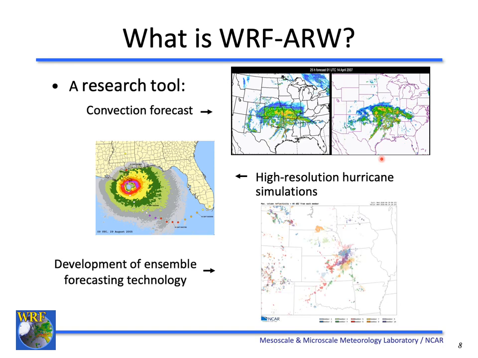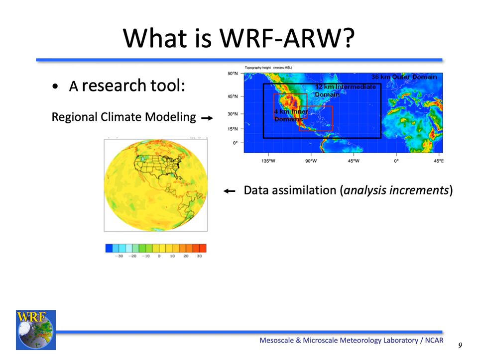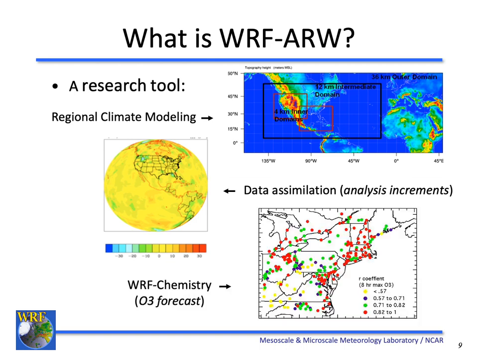The model is also used to develop ensemble forecast products, like this one showing column reflectivity greater than 40 dBz from members of an explicit convection prediction ensemble. The model is also popular for regional climate research, data assimilation development, and chemistry simulations.